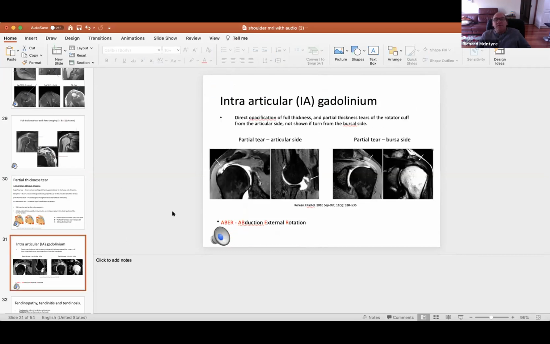However, if we give intra-articular gadolinium, which is being phased out now, we don't do it so much because we've got increased signal and increased quality of images, mainly from 3T. But there are still places where they do intra-articular gadolinium.